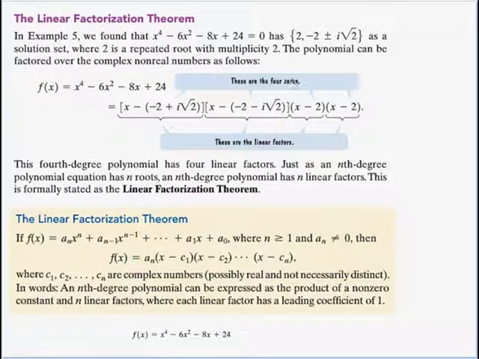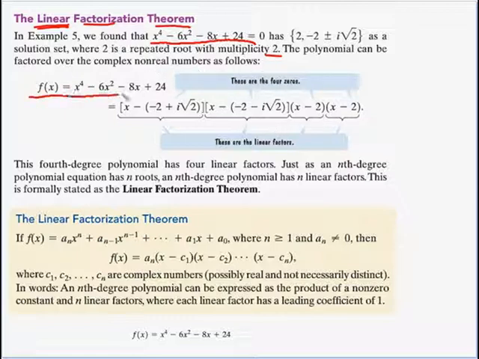All right. The linear factorization theorem. Linear means line. In example 5, we found that this polynomial has this solution set, 2 and negative 2 plus and minus i root 2, where the 2 is a repeated root of multiplicity 2. The polynomial can be factored over the complex non-real numbers as follows.